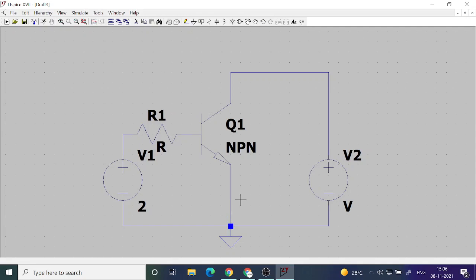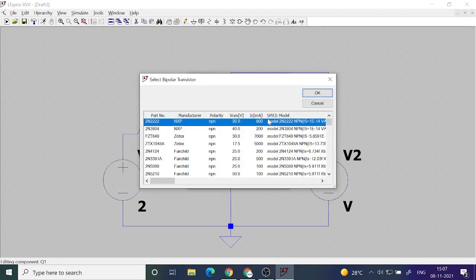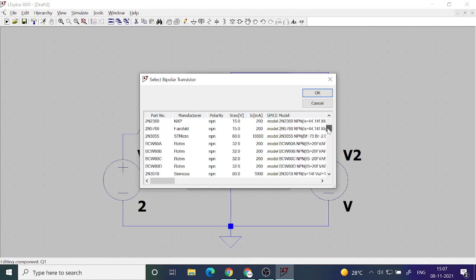Forward bias voltage across a diode can be maximum 0.8 volt or 0.85. It is silicon, I am assuming silicon. If you want a particular silicon transistor, you can take that also. BC547 is something that we use in the lab.